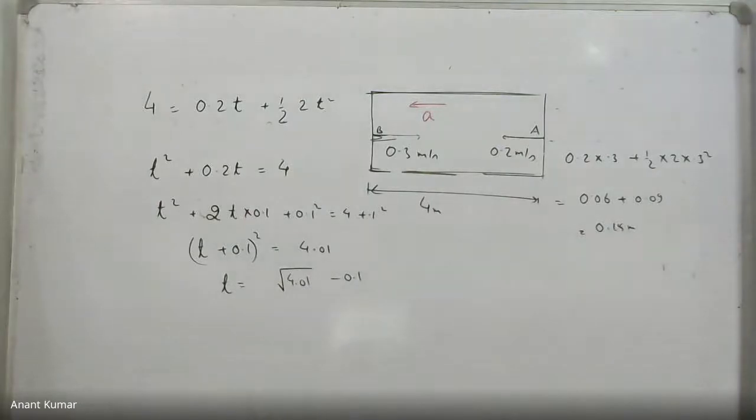So we'll have to round it off then, it seems. It is root over of 4.01, minus 0.1 actually. Yeah, so that is what we have. So that is approximately 1.9 second is what I'm looking for. 1.9 something something.